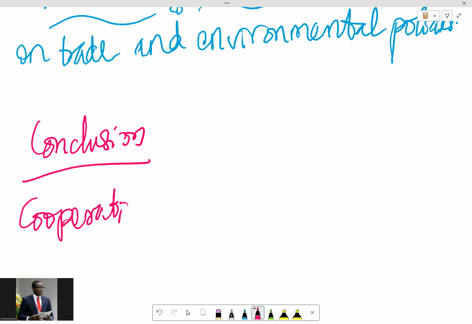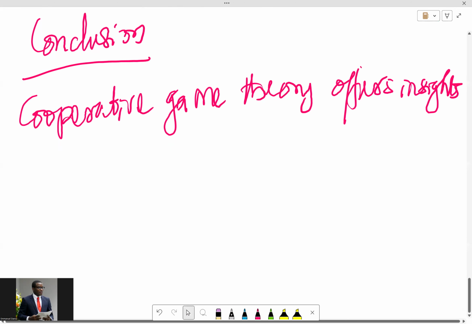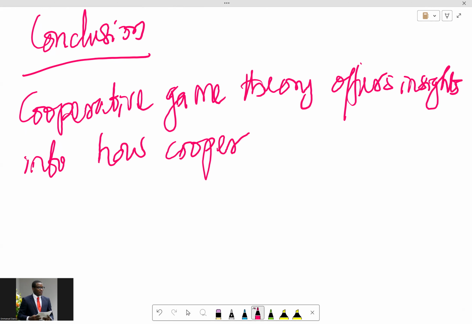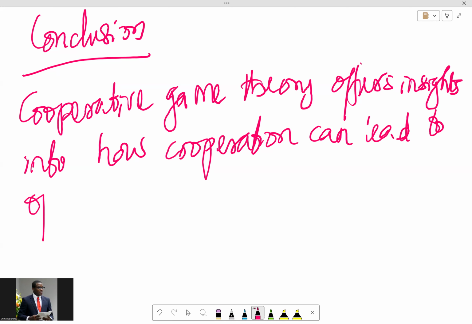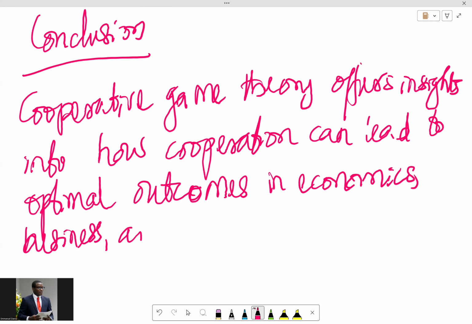Cooperative game theory offers insights into how cooperation can lead to optimal outcomes in economics, in business, and politics.